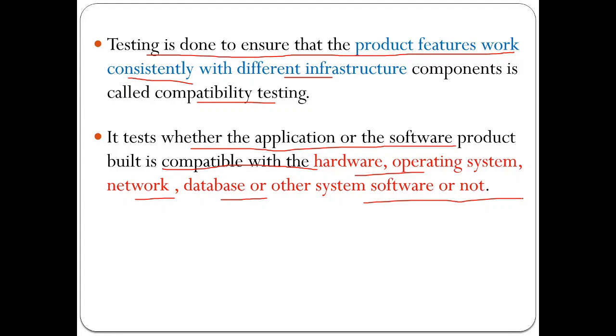So whether the software product features are compatible with different infrastructure or not, that is what you test in compatibility testing. Various infrastructures are available, like hardware, operating system, network. So which is the best for your software, which is compatible and gives the best performance.